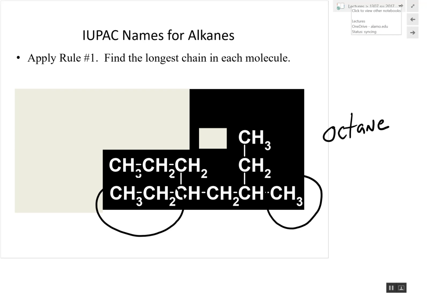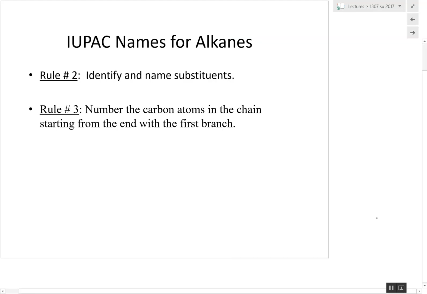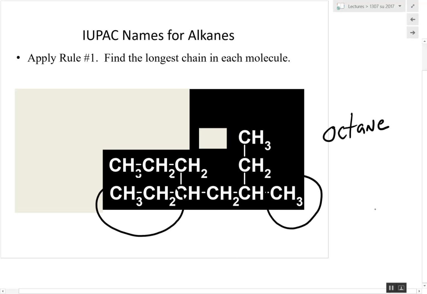Okay, let's find out what rule number 2 is, because now we have to bring in these substituents. Rule number 2: identify and name the substituents. So what substituent is this? Methyl.